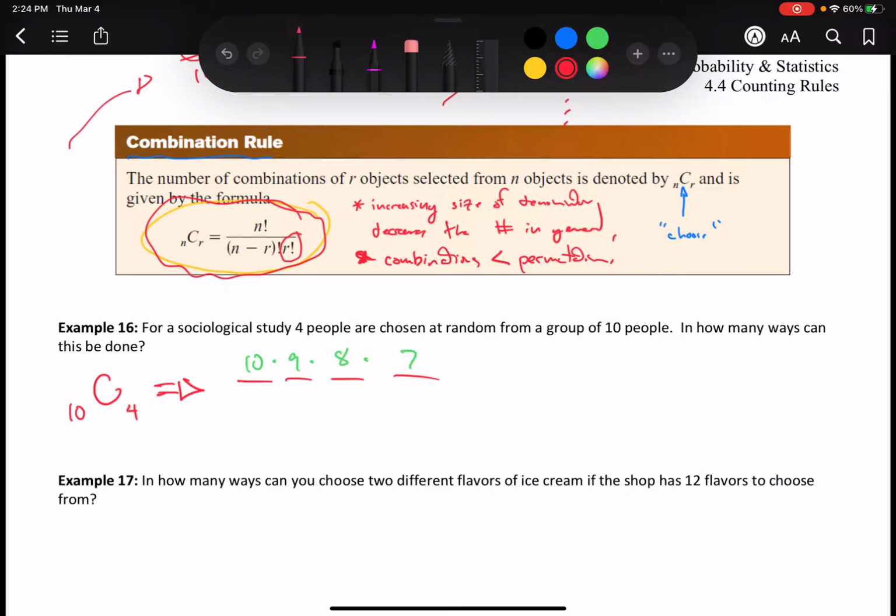But remember, I have to divide this by how many of these permutations I view as identical, right? And so I'm going to divide by 4 factorial, because that's how many ways you can arrange 4 things. It doesn't matter what those 4 things are. I could arrange 4 things 4 factorial ways. So I'm going to divide by that number so that we end up with what I'm looking for.